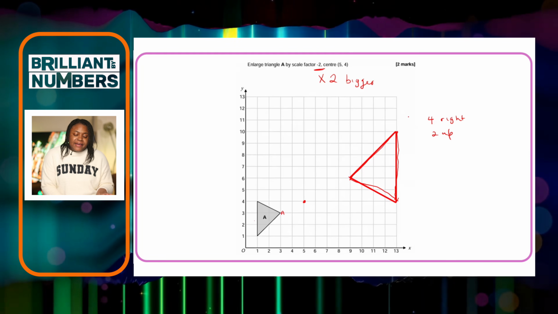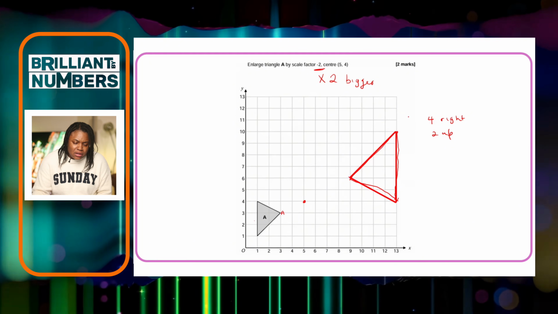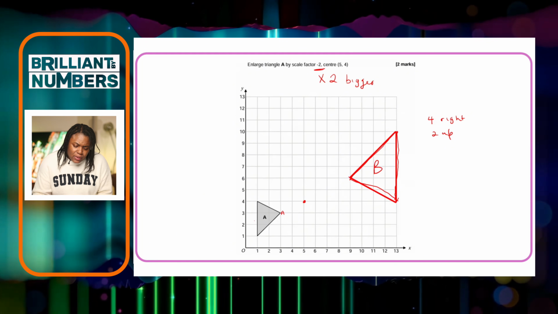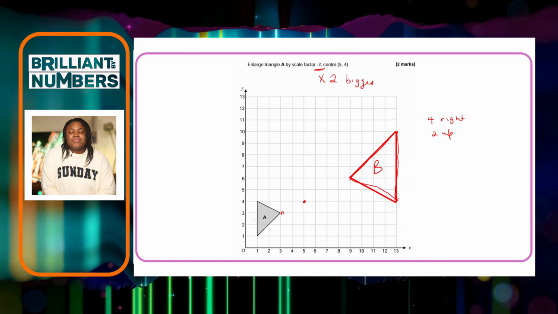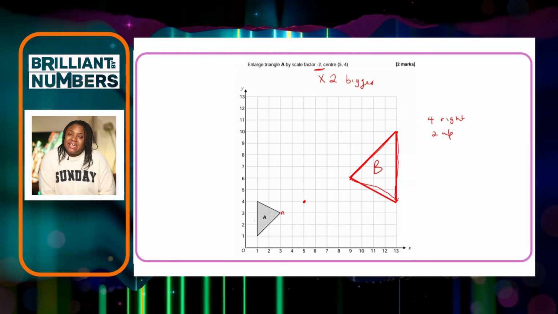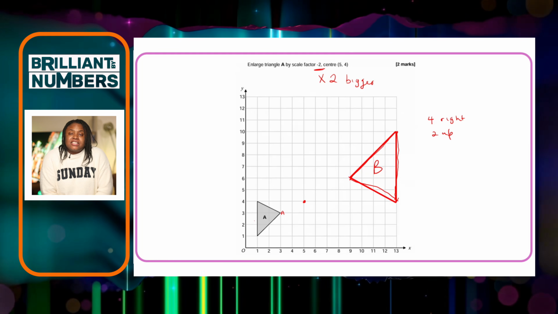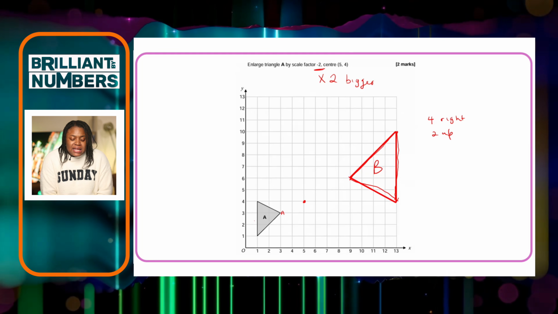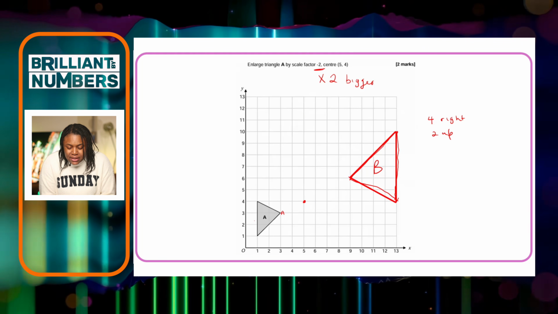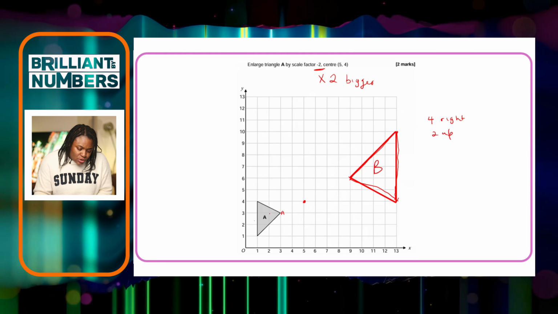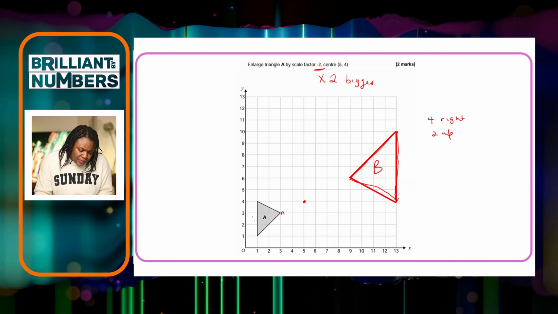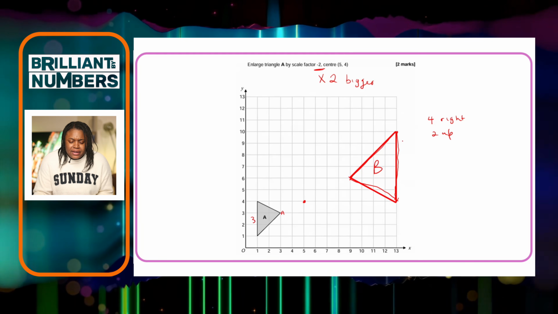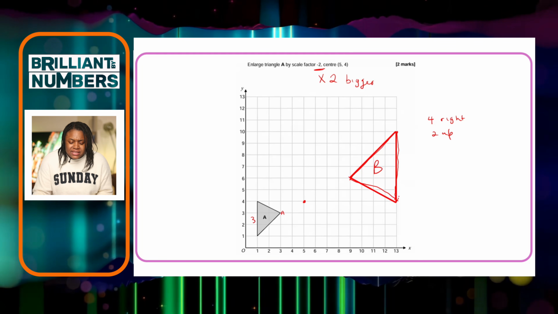Now, if you were given A, let's just call the new shape B. Let's say you were given these two shapes, and the question asked, what is the single transformation that maps A to B? You will then count 1, 2, 3 for this side, and then 1, 2, 3, 4, 5, 6.